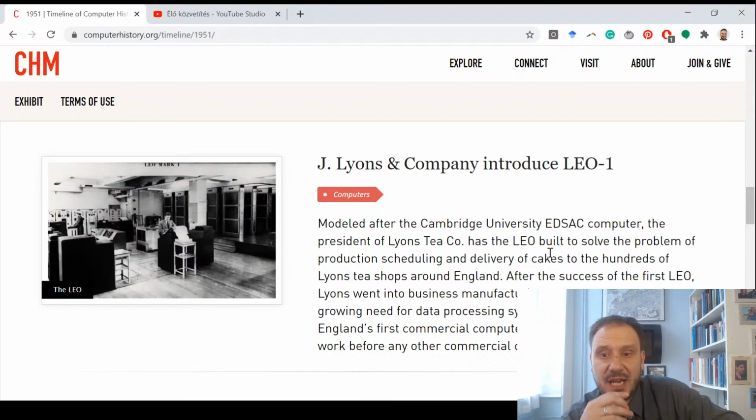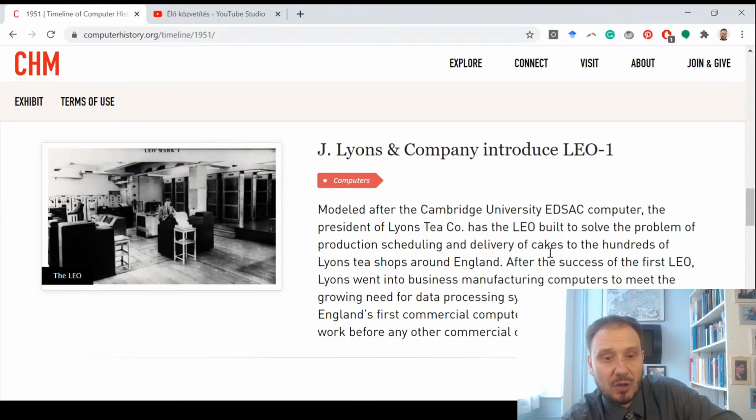Modeled after the Cambridge University EDSAC computer, the president of Lyons Tea and Company had the LEO built to solve problems with production schedules and deliveries of cakes to the hundreds of Lyons tea shops around England. So you can see how computers started to boost up the economy and solve real problems.